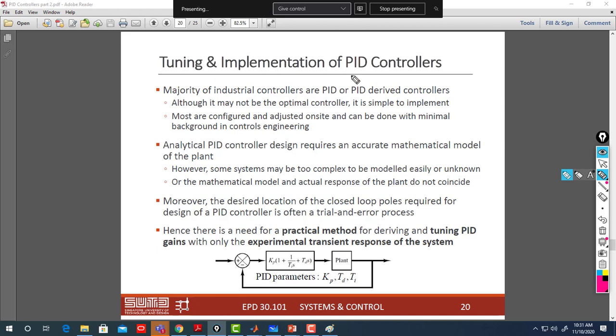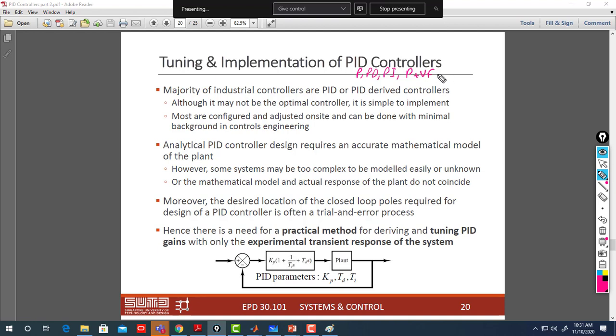A PID derived controller could be a P controller, or PD, or PI, or P plus velocity feedback. Those are PID derived controllers.